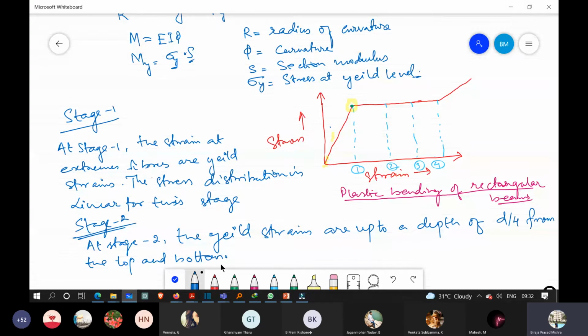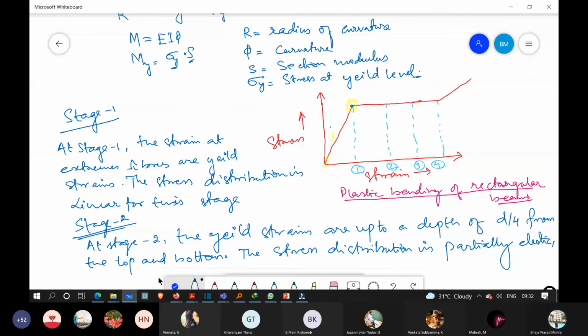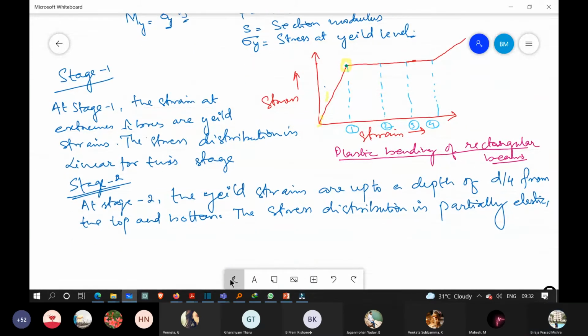And here the stress distribution is partially elastic. All of you have to remember these stages: partially elastic, partially plastic.